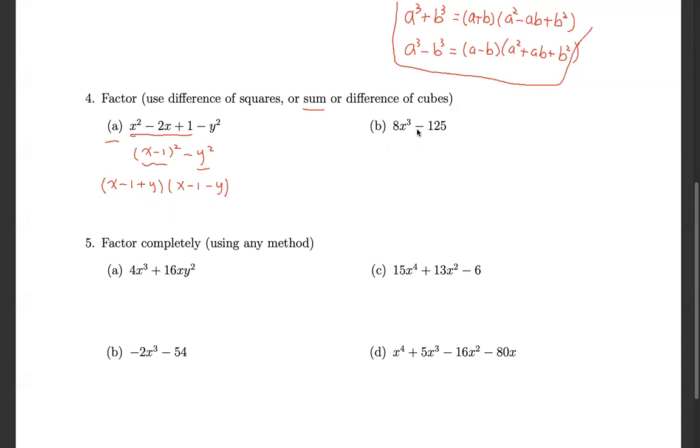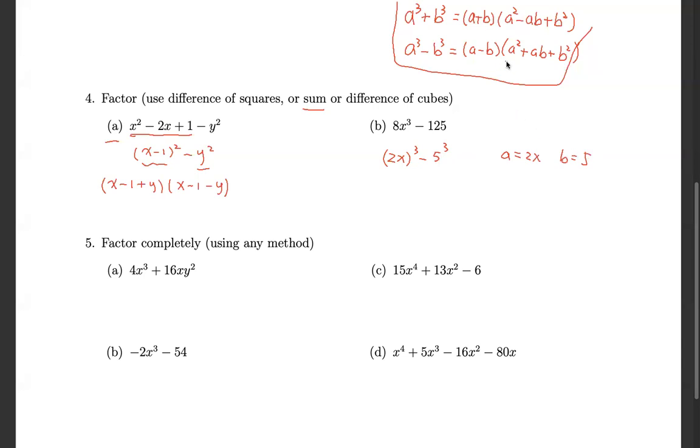Now b is the difference of two cubes. The first one, 8x cubed, is (2x) cubed, minus 125, which is 5 cubed. So in this case, compared to the above, a is 2x, b is 5. You could write on the side, a is 2x, b is 5.